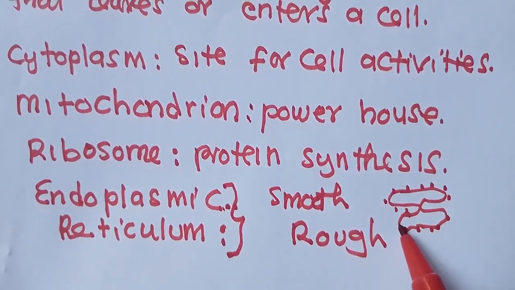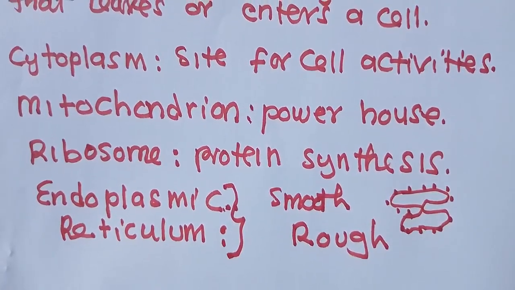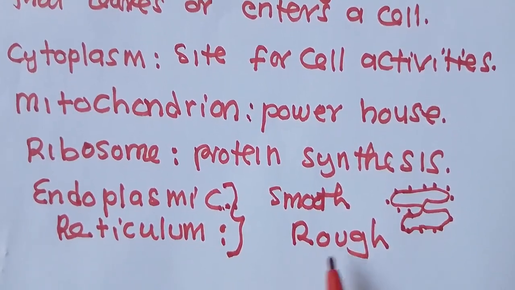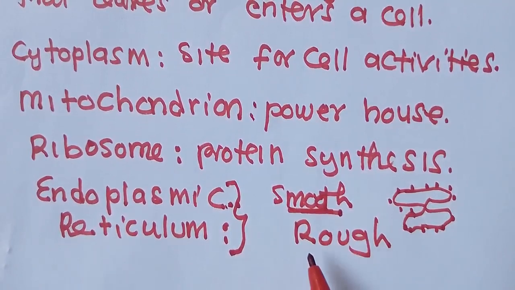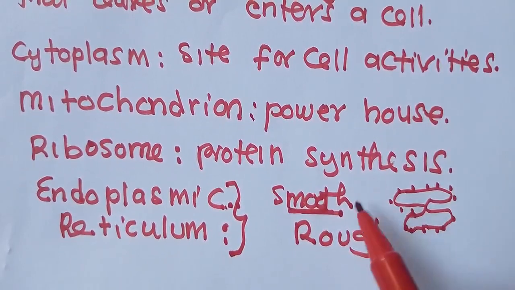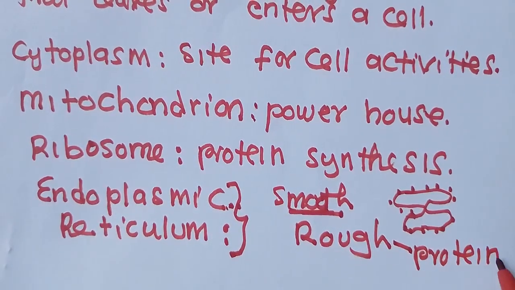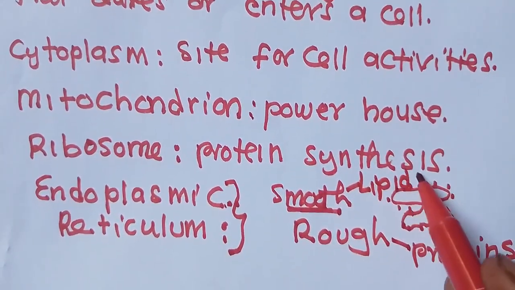The smooth endoplasmic reticulum has no ribosomes on its surface. Hence, it transports lipids. So the rough one transports proteins, and the smooth one transports lipids. This is what you need to get.